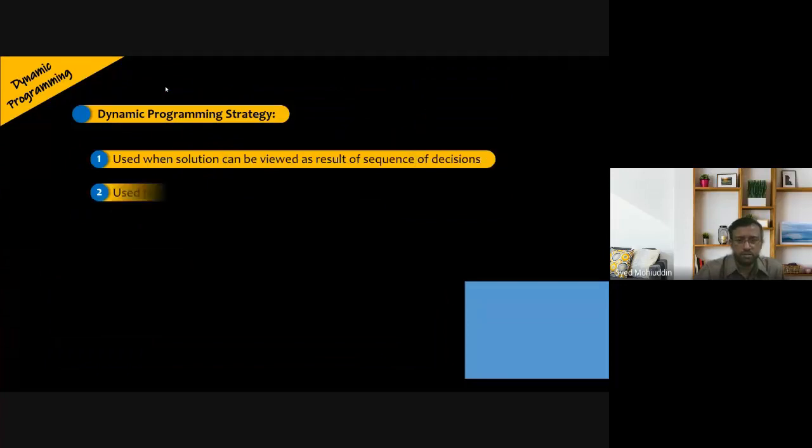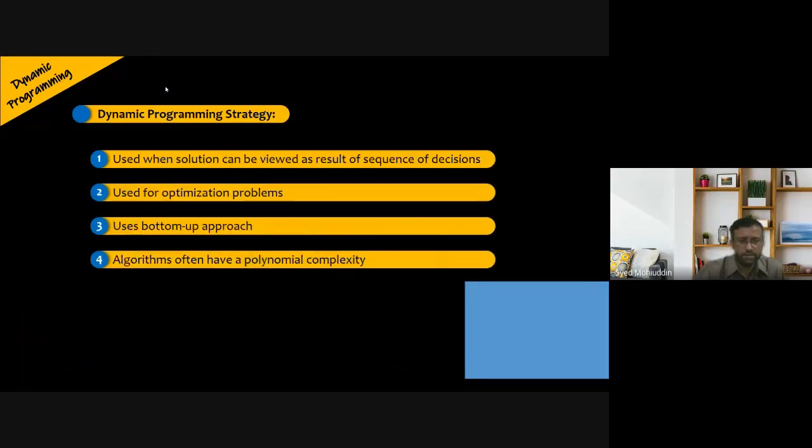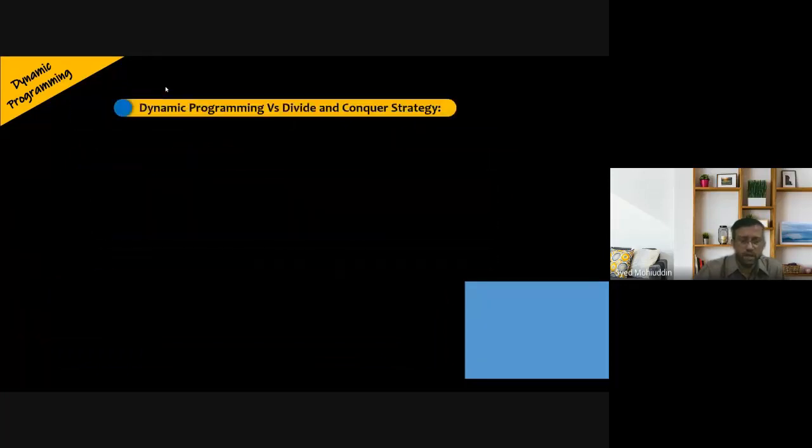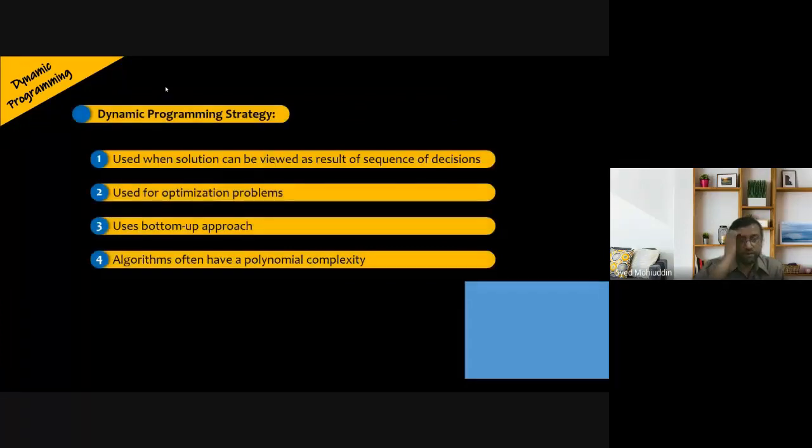Okay, let us compare. The last thing we need to talk about is that in the dynamic programming strategy, algorithms will often have polynomial time complexity.